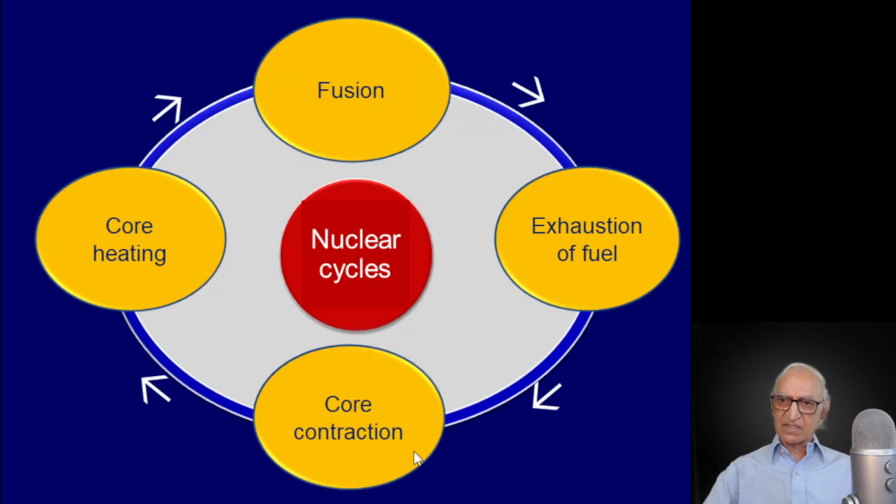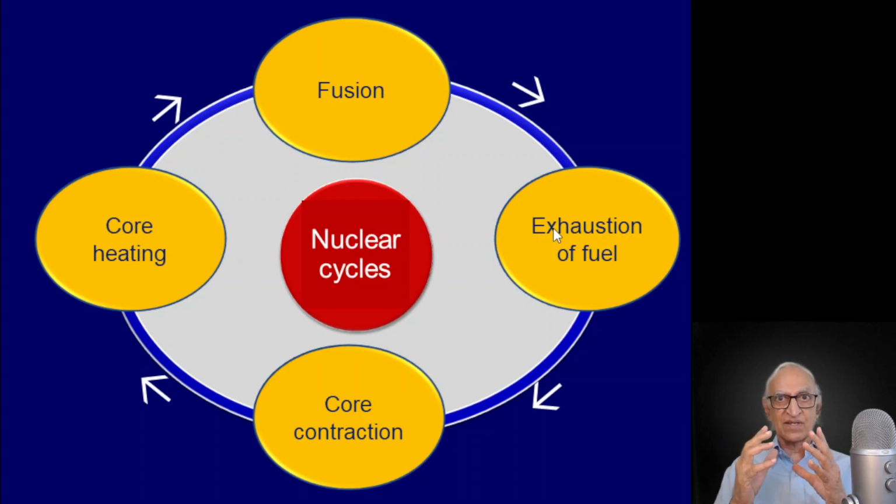So this is the nuclear cycle that I referred to earlier, and let us proceed now. Let us say that the result of one nuclear fusion of some nucleus, let us say hydrogen to helium, produces a helium core. Now the helium core is at a temperature lower than 100 million degrees. Therefore, helium cannot fuse to form carbon. It needs a temperature of 100 million Kelvin. So what happens in the meantime? There is no pressure generated inside the core.